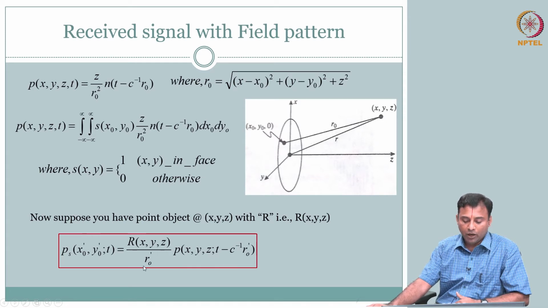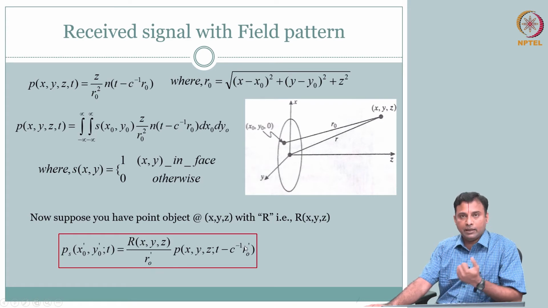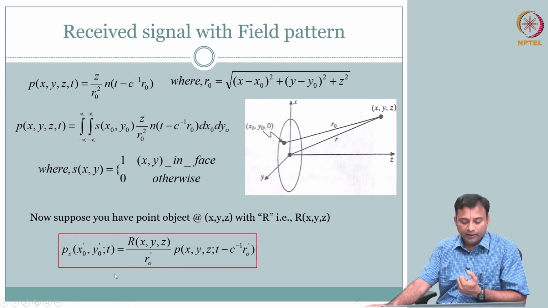Okay. Notice here we had Z by R naught square because it was a dipole model, whereas here it is a point scatter. So, you are going to have a spherical wave, and therefore, you are just using your spherical. So, whatever is hitting P of x, y, z, that location, its reflection coefficient R into this is what is coming out, and it is coming out as spherical, and therefore, you have 1 by R naught dash of this.